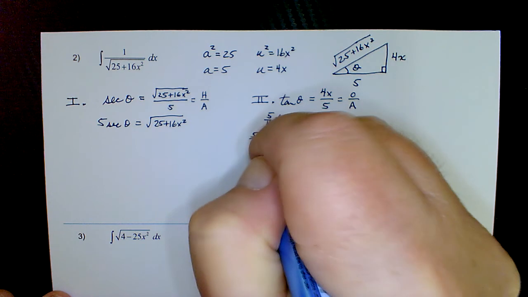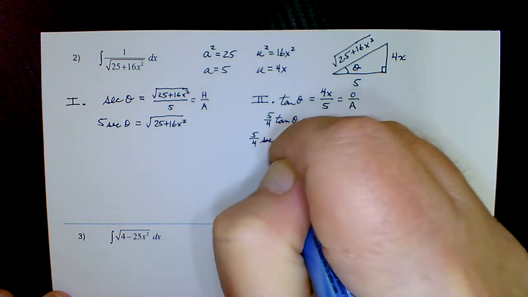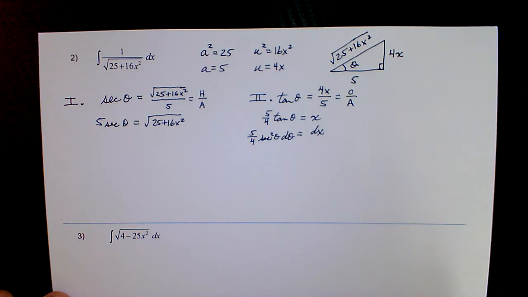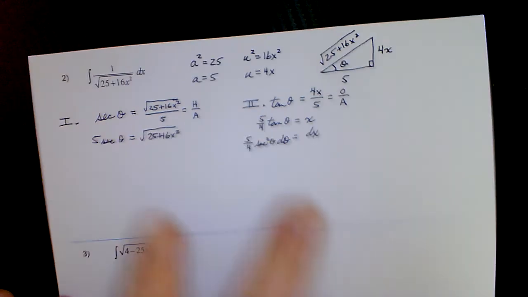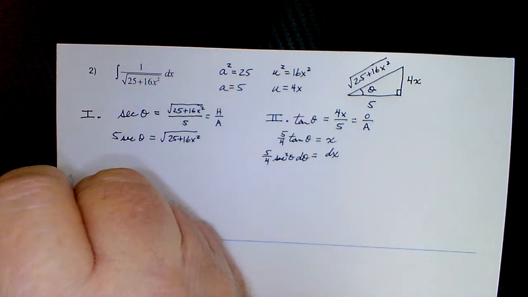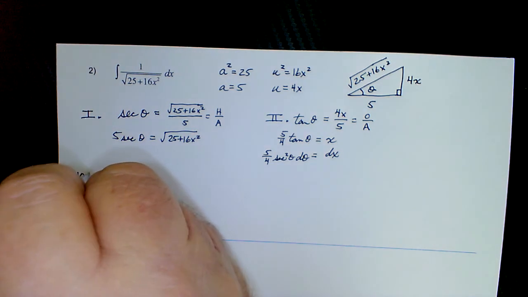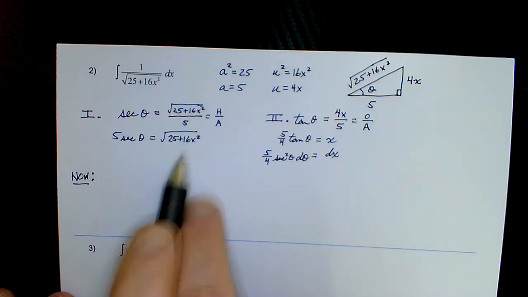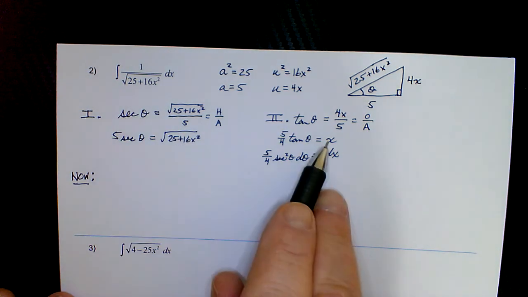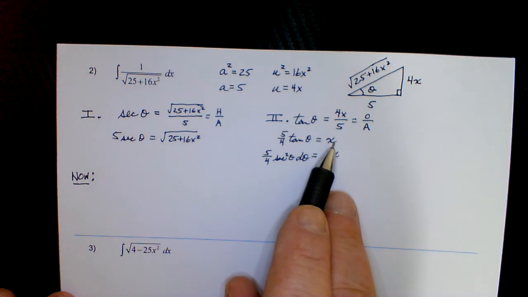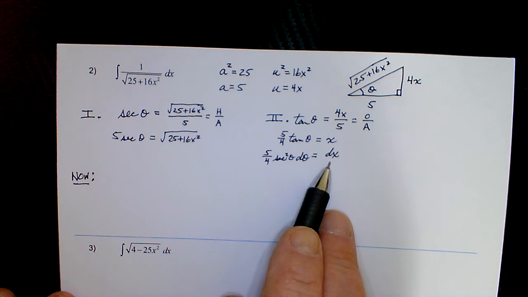The 5/4 tags along, the derivative of tangent is secant squared theta, and tag along the d theta. Once you go through those two major steps, you're ready for a complete trigonometric substitution, because no matter what the integral is made up of, you have every single piece that could possibly be there: the radical part, an x if it's there, a power of x if it's there, and the differential, dx.